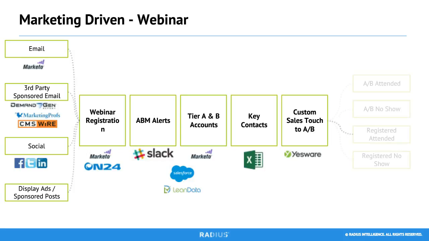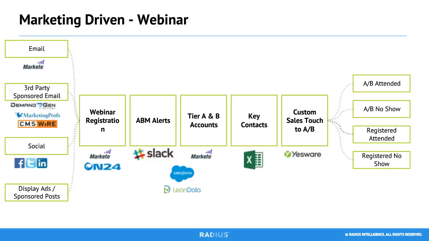And the way the team approached this was leveraging our technology stack to not only focus on accounts in our ABM list that signed up for that webinar, accelerating those to our sales team, but also doing a personalized approach once those companies did make it into our funnel.